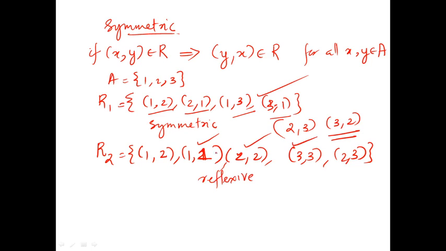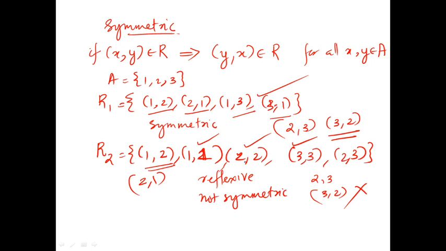What about the symmetric property? If (1,2) is there, (2,1) should be there. But here (2,1) is not present. Similarly, (2,3) is there, but (3,2) is not there. So, we can say that this is an example for a reflexive relation but not symmetric.